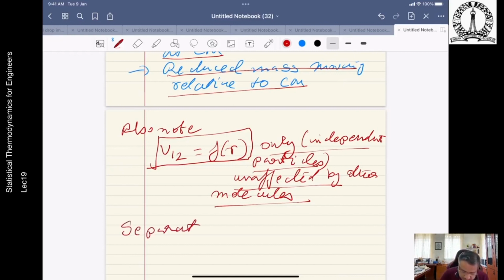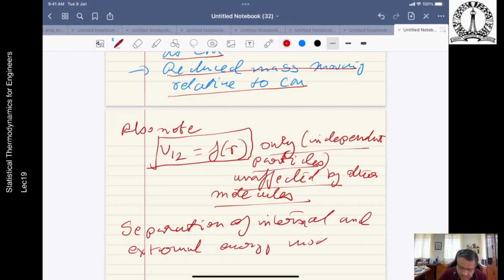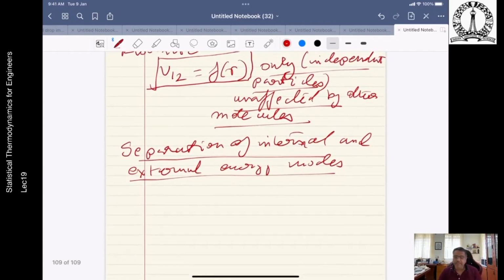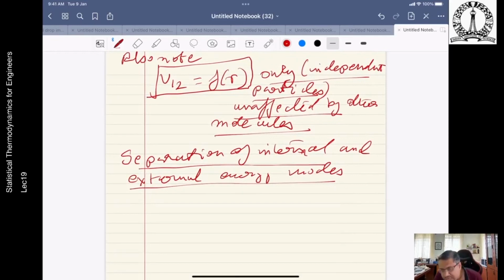Separation of internal and external energy modes, which we are going to do in the next class, because this is what is going to lead us to a complete analysis of how the internal modes actually evolve.